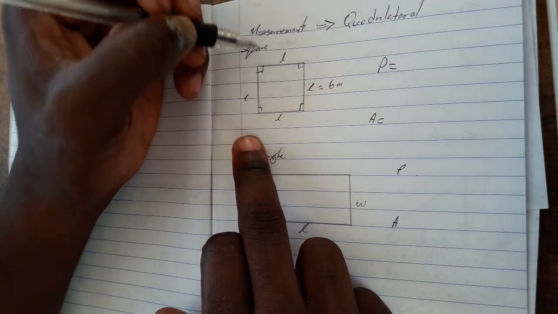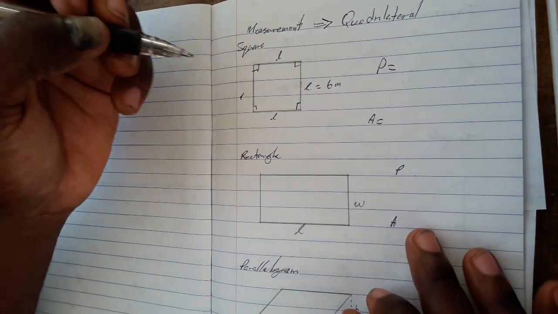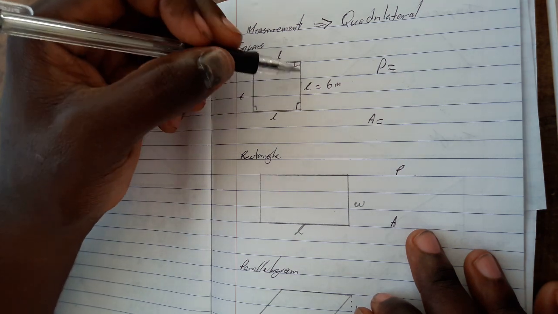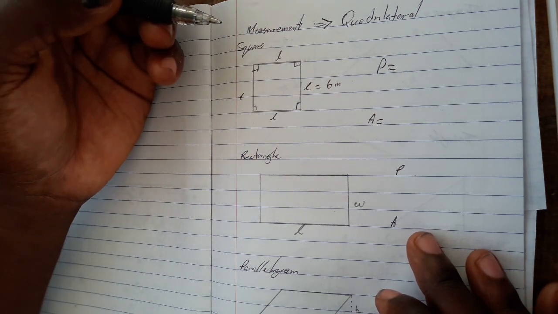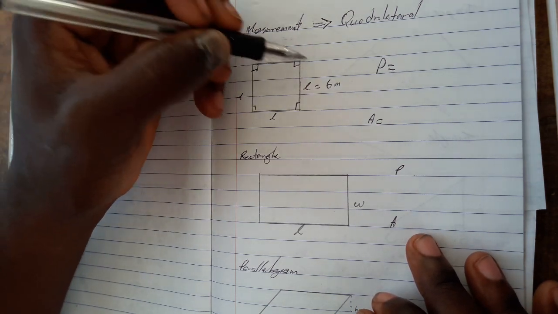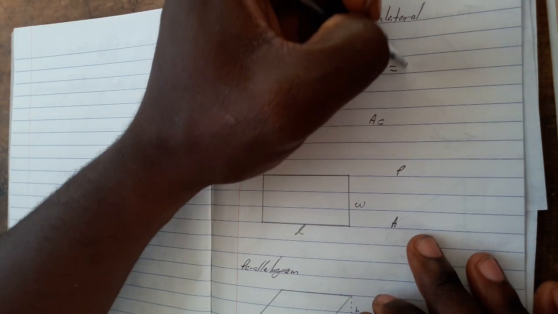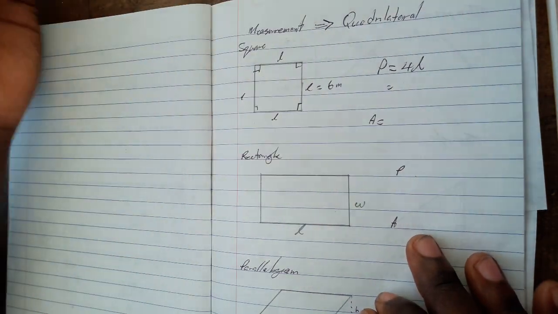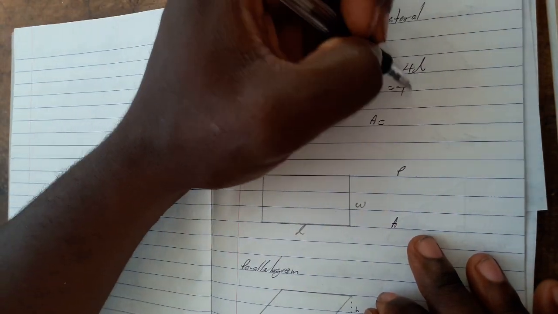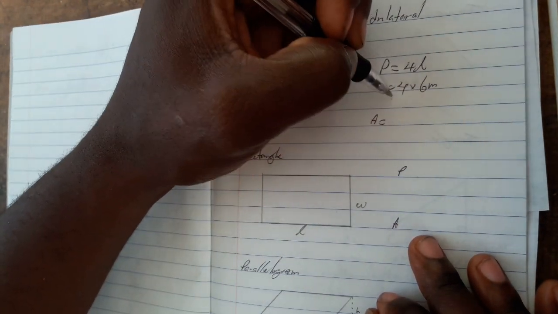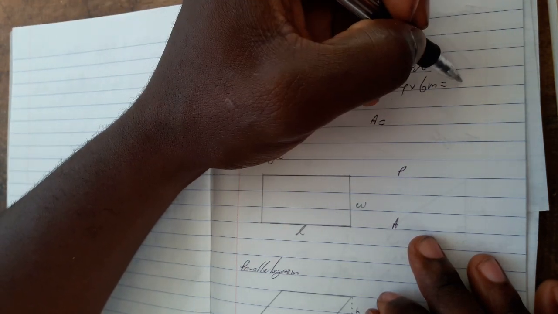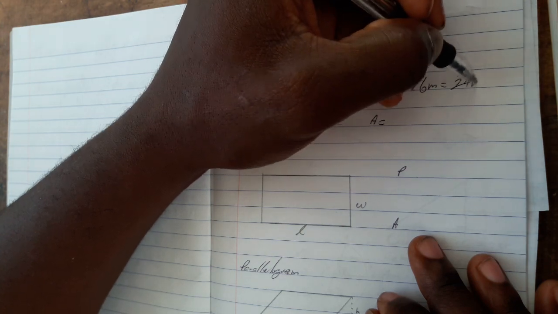It's called L. If you were to find the perimeter, the distance around the enclosed shape, then it will be add up 4 of the L's, 4L, and we'll get the distance around the shape. The length is 6 meters, so 4 times 6 meters, and the perimeter is 24 meters.